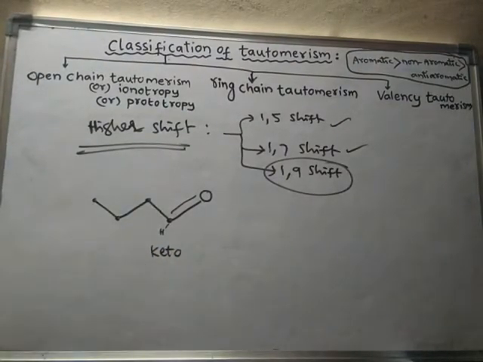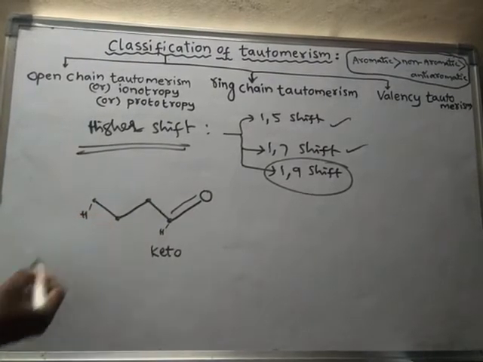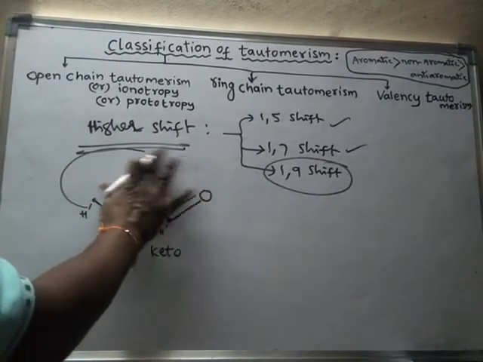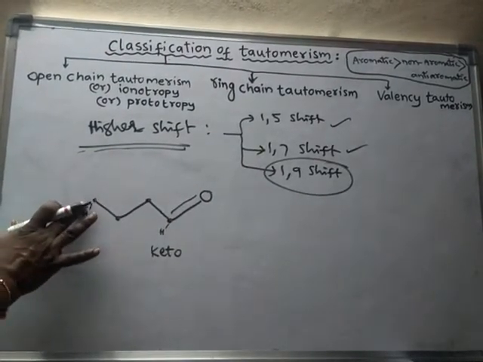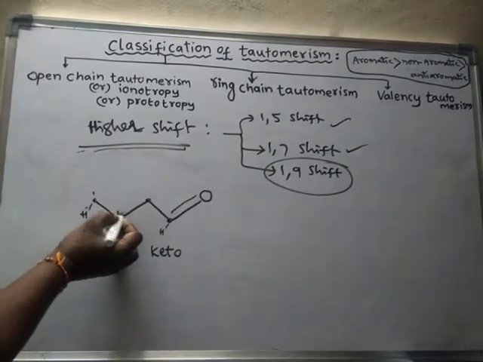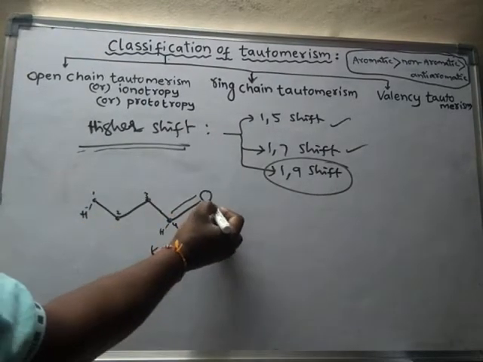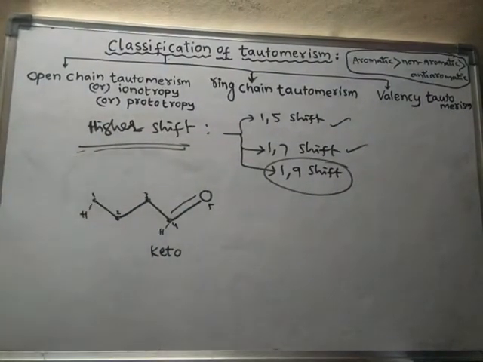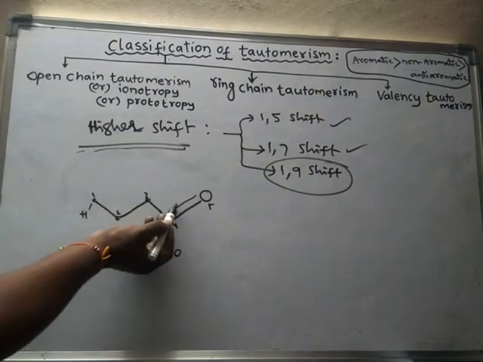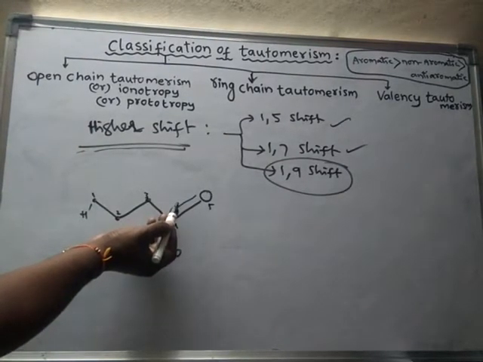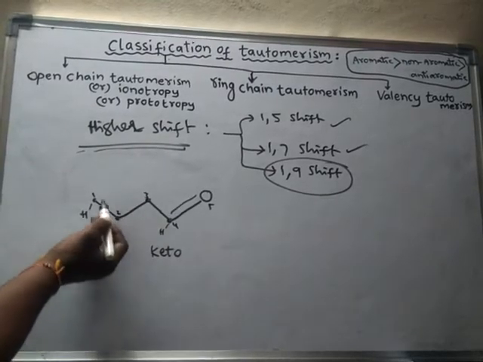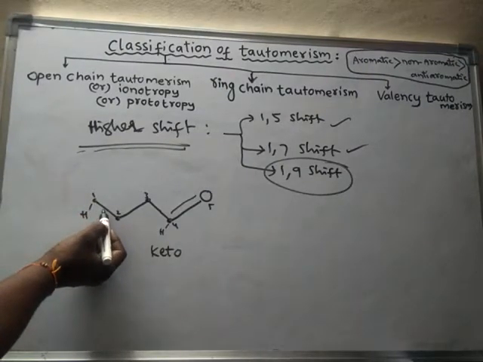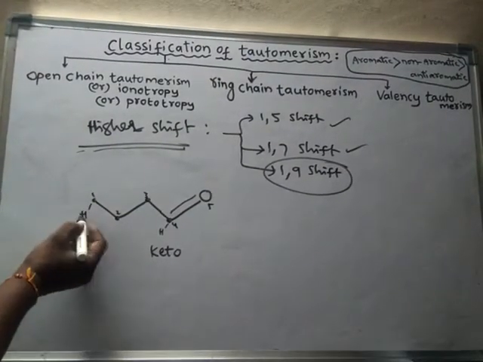What happens? The hydrogen present on this carbon will migrate to oxygen. This is the first atom, second, third, fourth, and the fifth atom. This hydrogen will move from the first atom to the fifth atom. As a result, this bond finally will form between these two. That means this hydrogen will shift here.